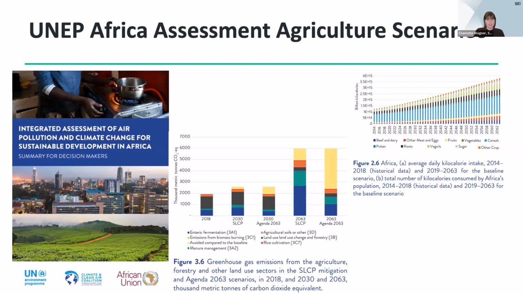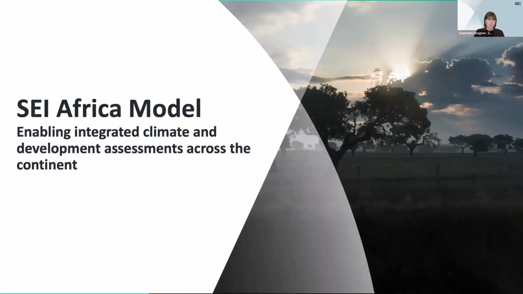And it wasn't just this tool that we provided for this integrated assessment, but rather we supported the entire modeling that took place under this assessment. And the model that was devised for this is the SEI Africa model. And the SEI Africa model really enables such an integrated climate and development assessment across the entire continent.